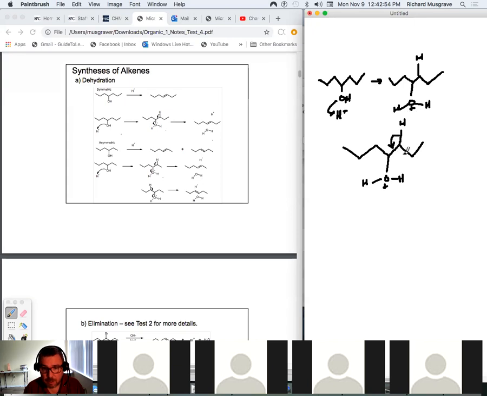And they're going into the bond because we are making a double bond here. And then this arrow is coming from the bond and going on to the atom. And then we have H plus as a result of the breaking of that bond, and H2O as a result of breaking the other bond.